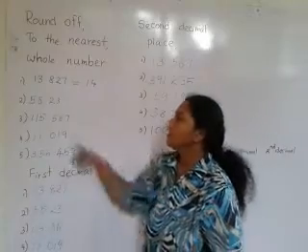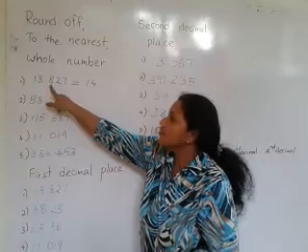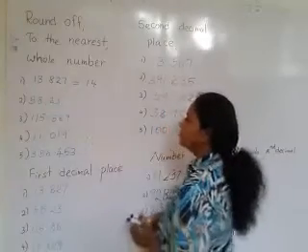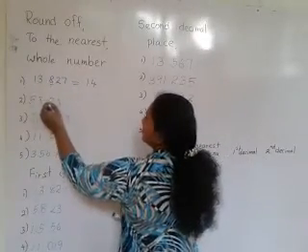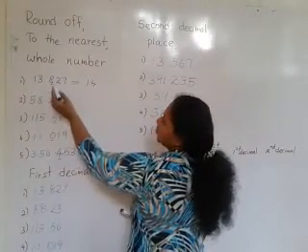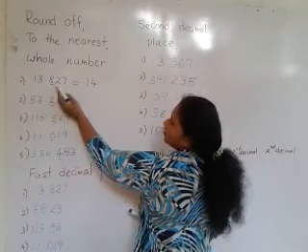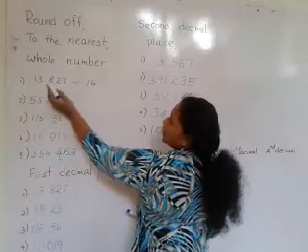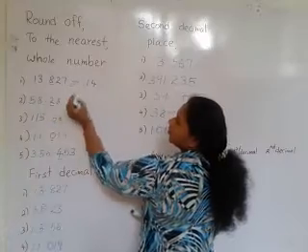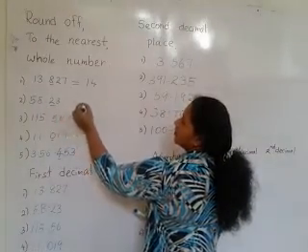In the earlier method also, we have to consider the first decimal place. Check whether it is 5 or more, then increase by 1. Here 8 is more than 5, so increase 1, it becomes 14. Here less than 5, so it is 58.